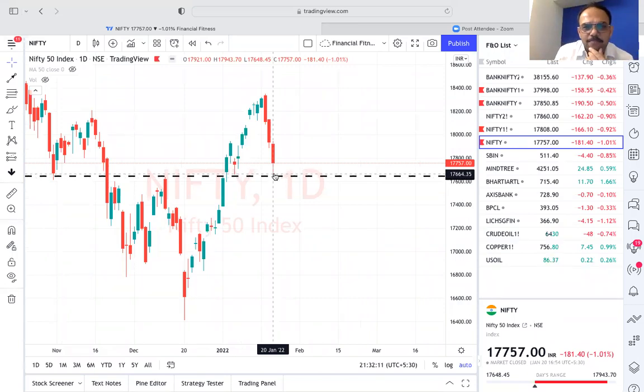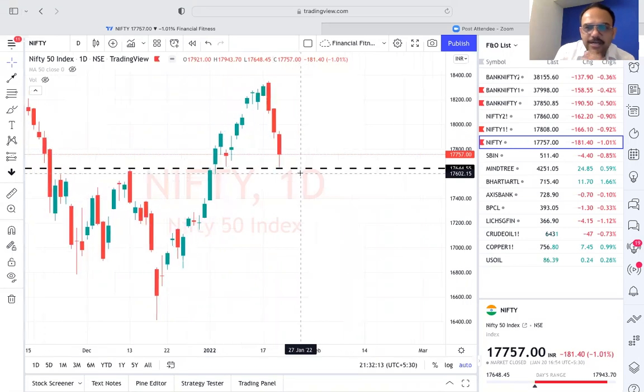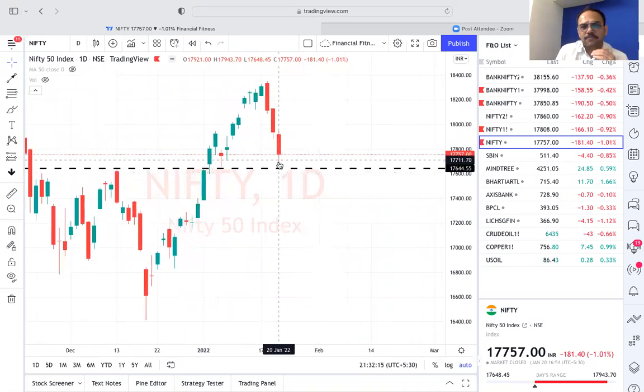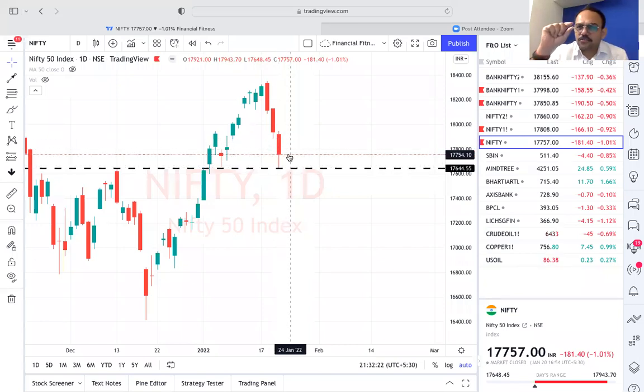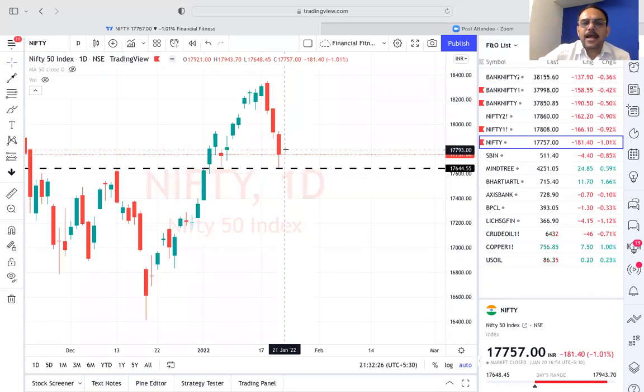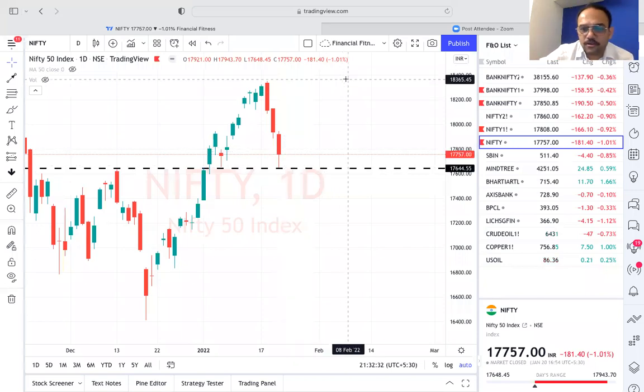The bulls started buying. Though it was a red candle, though the market went down, this wick is telling you, okay, it went down, down, down, but it did not go further. Tomorrow we might find a small green candle here or a small red candle, and most likely this is a reversal pattern. Tomorrow it may form, you never know.